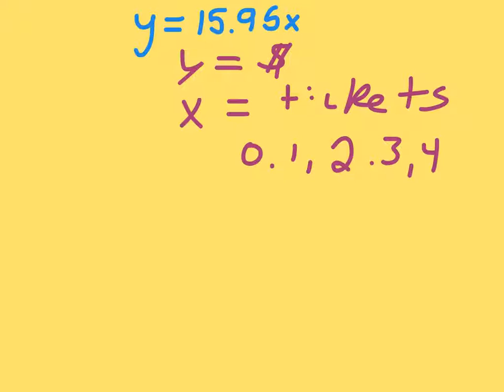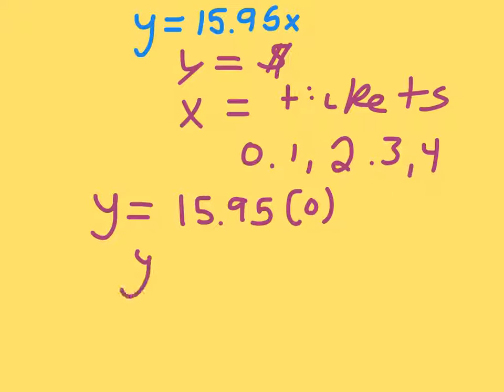Let's see what y equals when we buy 0 tickets. So we can assume that it's $15.95 per ticket. And when you buy 0 tickets, the cost is $0. Because remember, y is 0.